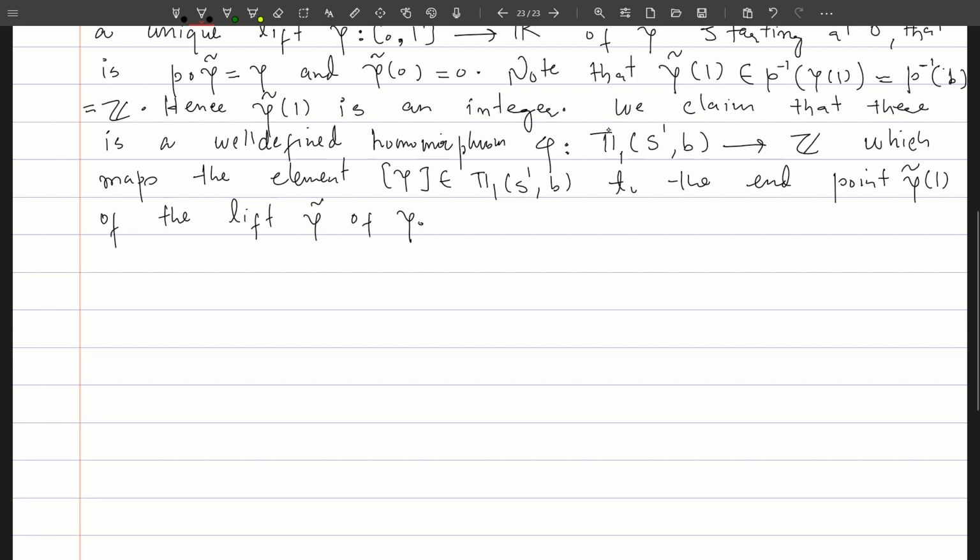First we'll show that this phi is a well-defined map.